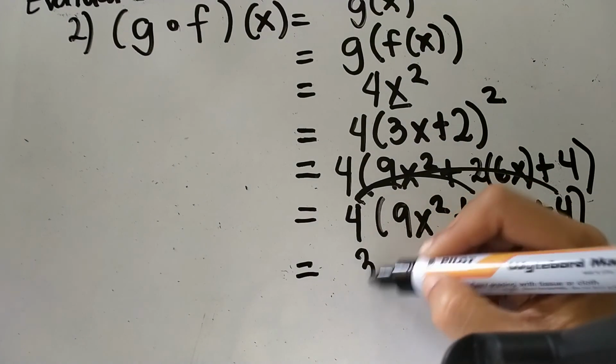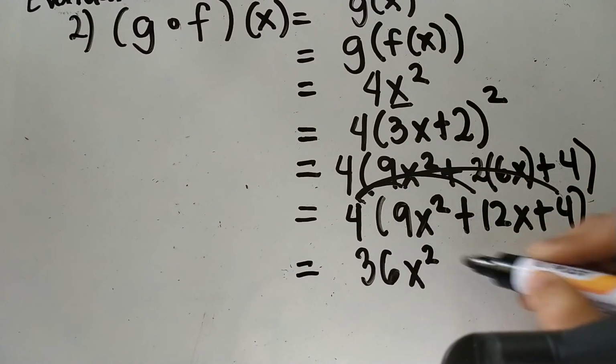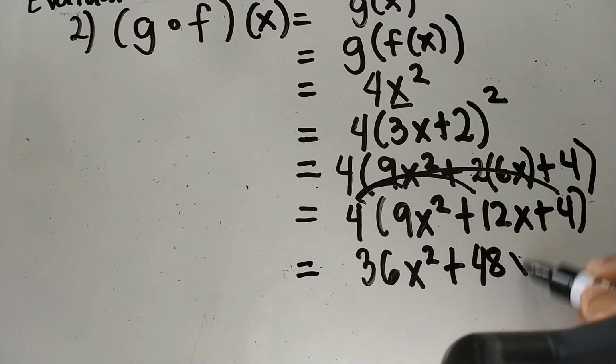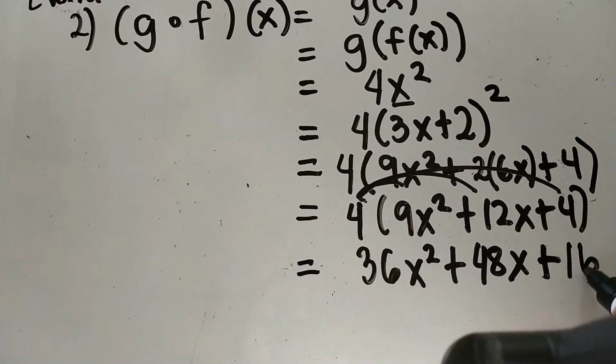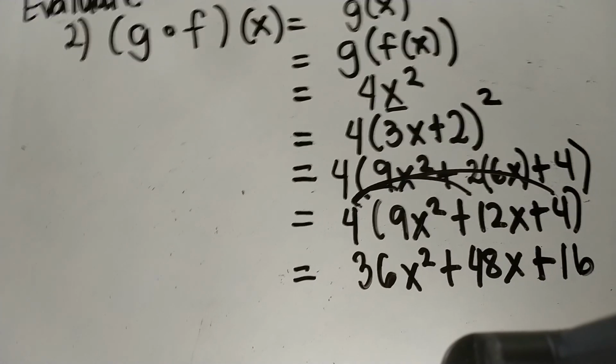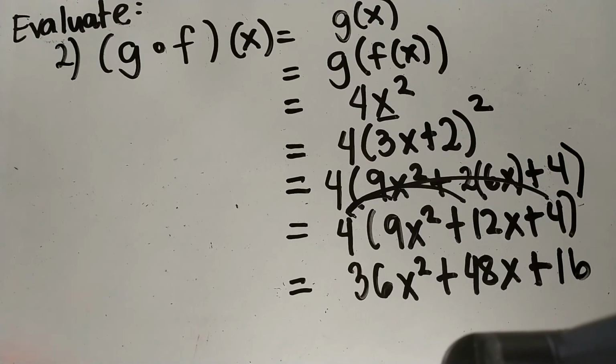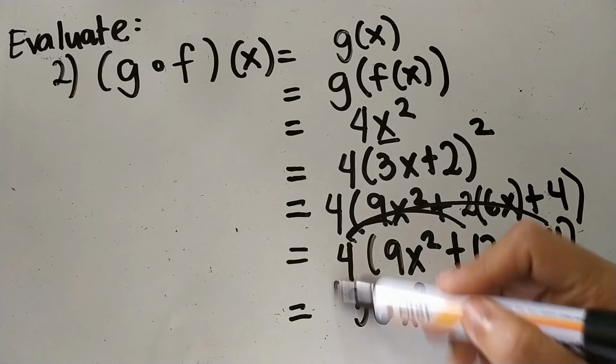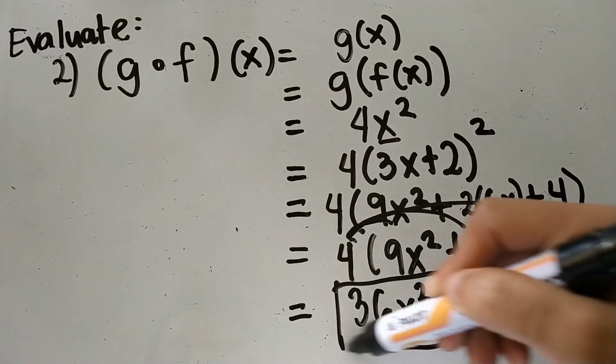So, we have 36x squared plus 48x plus 16. So, do you think nakuha na natin yung sagot? What do you think? Yes, nakuha na natin yung sagot. So, this is the answer.